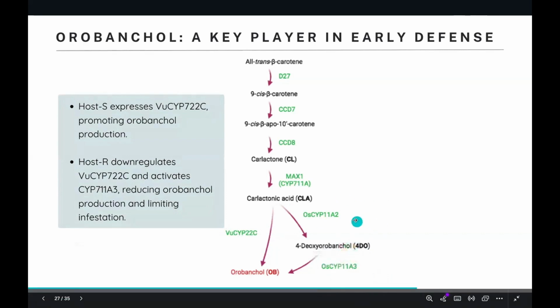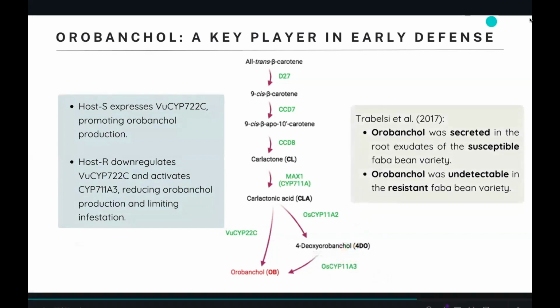This result aligns with the findings by Trabelsi, which demonstrated that orobanchol was present in the root exudate of the susceptible faba bean variety Bediea. In contrast, it was undetectable in the resistant variety. This finding highlights that orobanchol is a pivotal compound in the plant's early defense strategy.